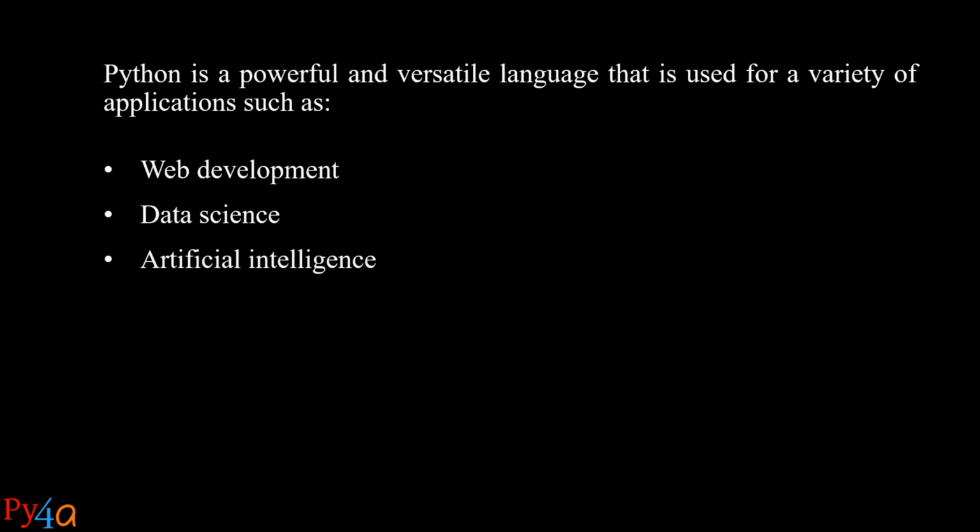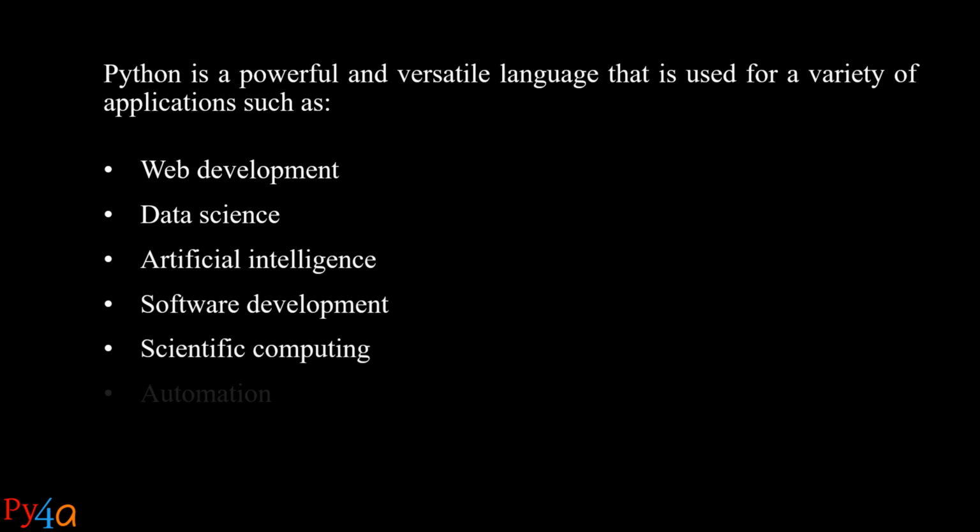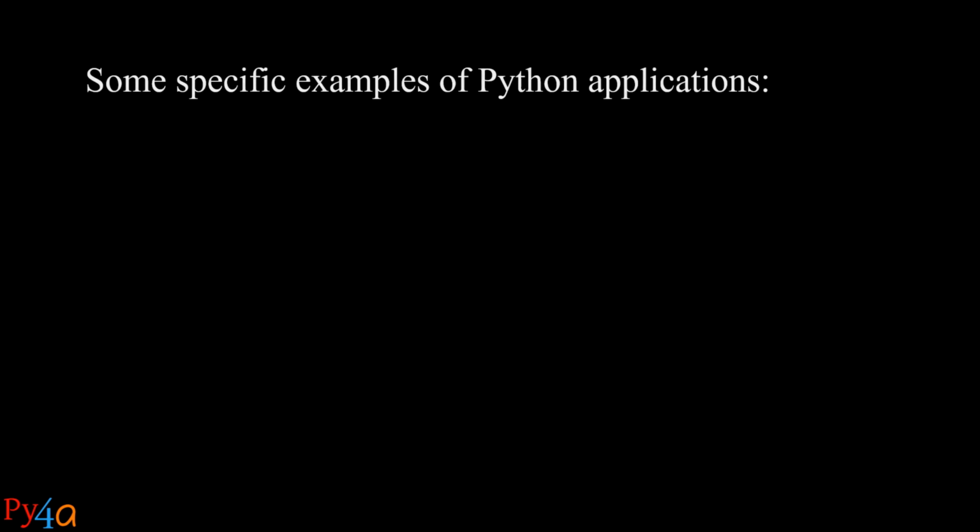Python is a very powerful and versatile language that is used for a variety of applications, such as web development, data science, artificial intelligence, software development, scientific computing, automation, education, just to name a few of these applications. It means that the application of Python is vast across all human endeavors.